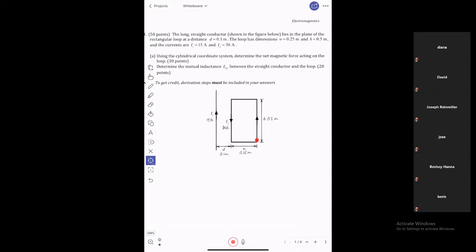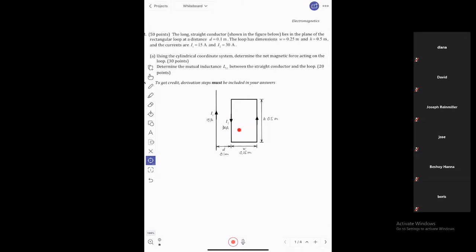This particular loop. The second thing is, what is the mutual inductance? That is where I want to know whether or not you understand what we mean by mutual inductance, L12, meaning the flux captured by the second circuit, where the flux is produced by current number one, right? This current produces flux, and how much is captured by circuit number two?